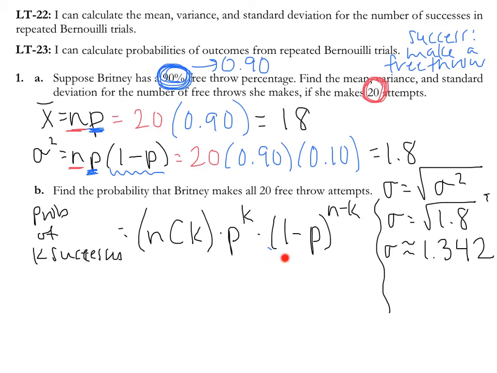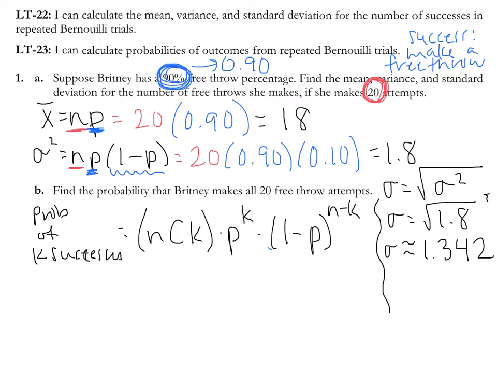This part here has us multiply by the probability of getting a failure all the other times. That's what this n minus k stands for. If there are n trials in total and k of them are successes, this is however many would then have to be failures.